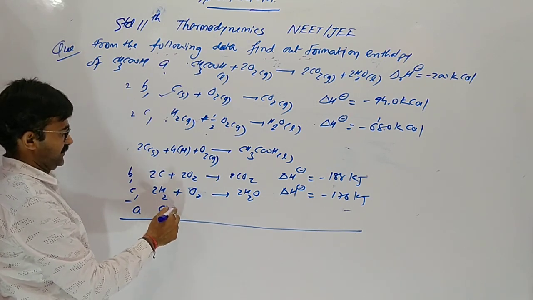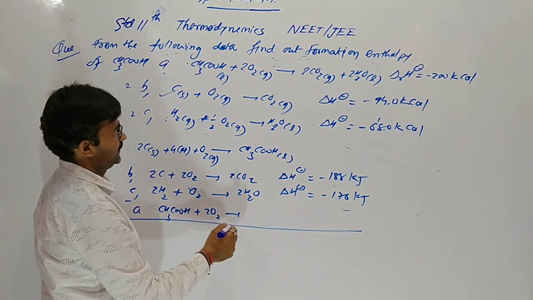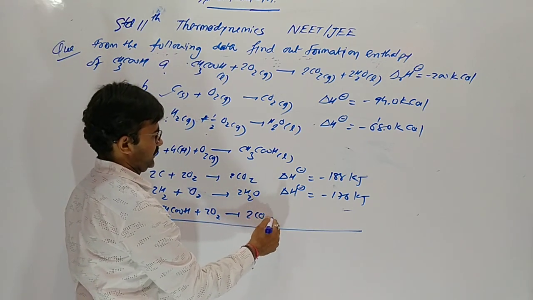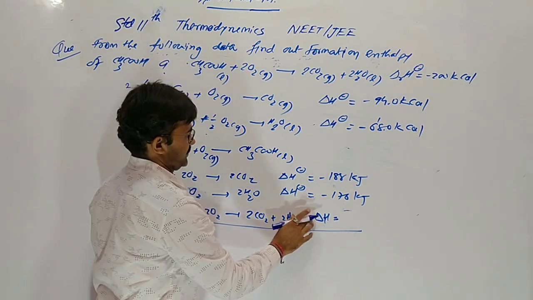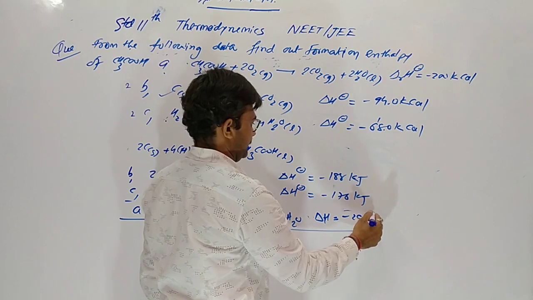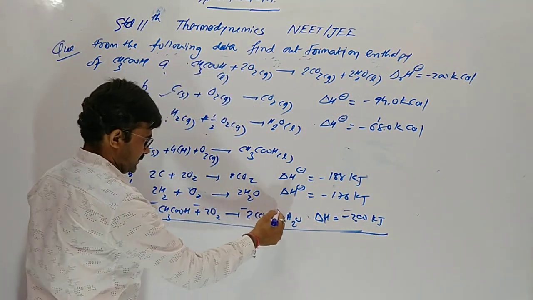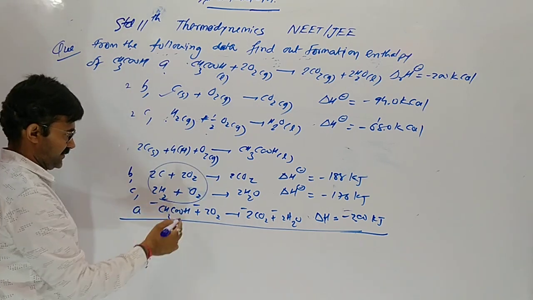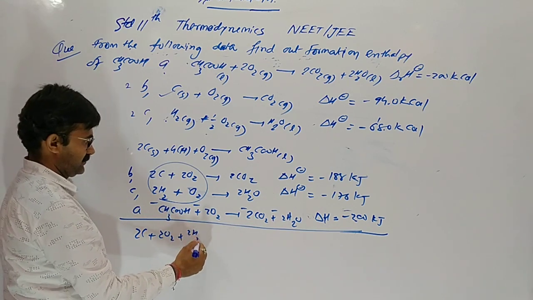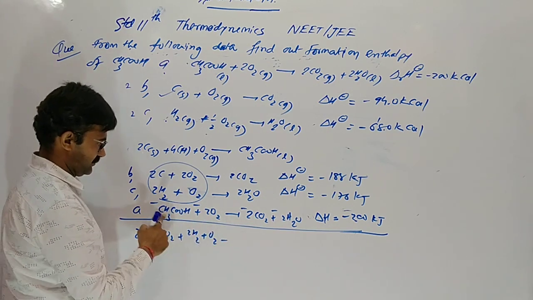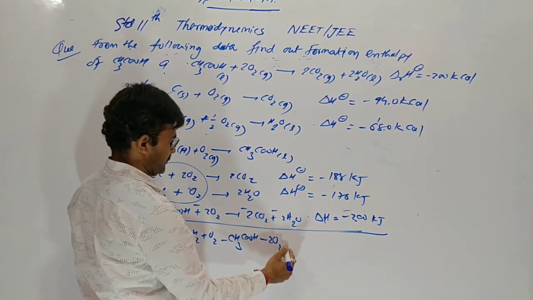So CH3COOH plus 2O2 gives 2CO2 plus 2H2O. Here delta H is minus 200. Minus. Yes. Addition. 2CO2, 2H2 plus O2 minus CH3COOH minus 2O2.